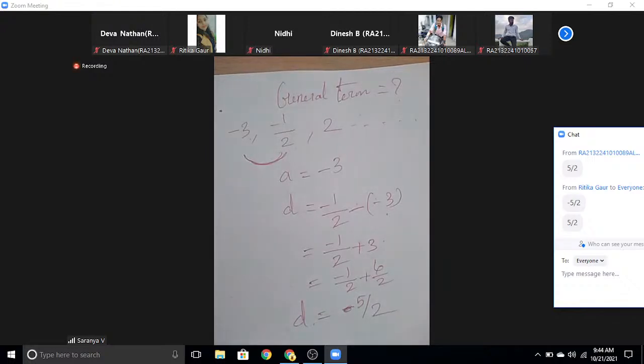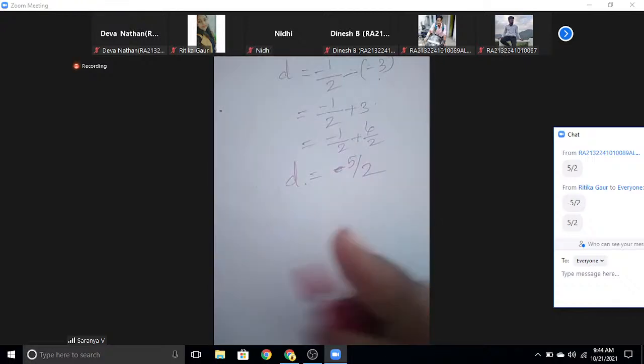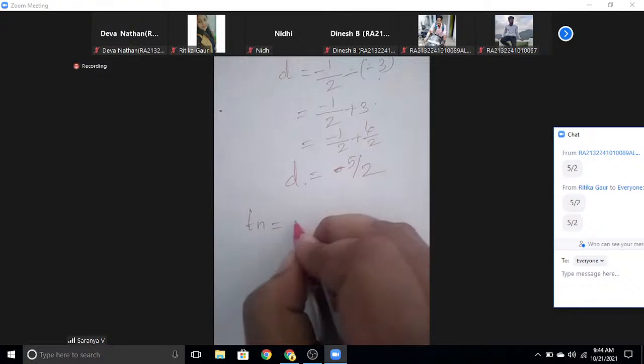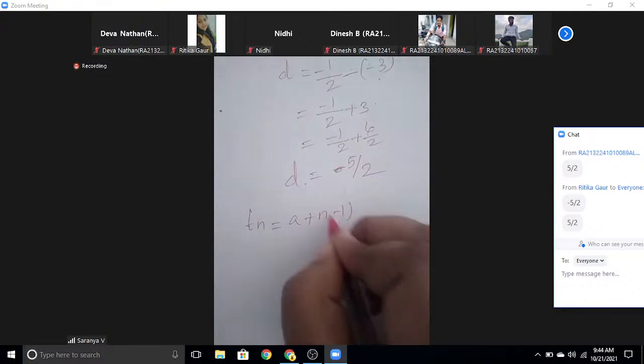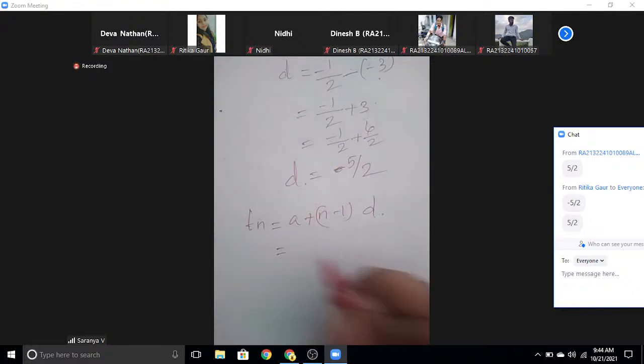Now find the general form of the series. Tn is equal to a plus n minus 1 into d, where a is what? Minus 3. We don't know the nth term, and d is 5 by 2.